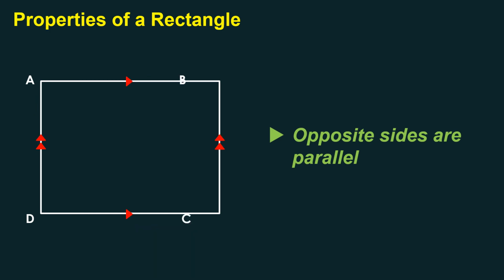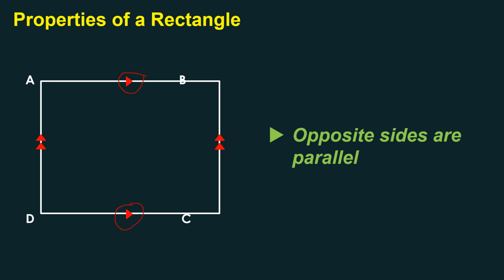Next, opposite sides are parallel. So we can see here that side AB has an indicator that it is parallel to side CD or DC.